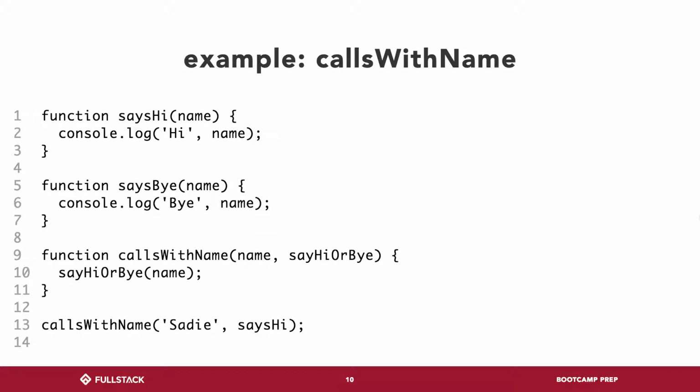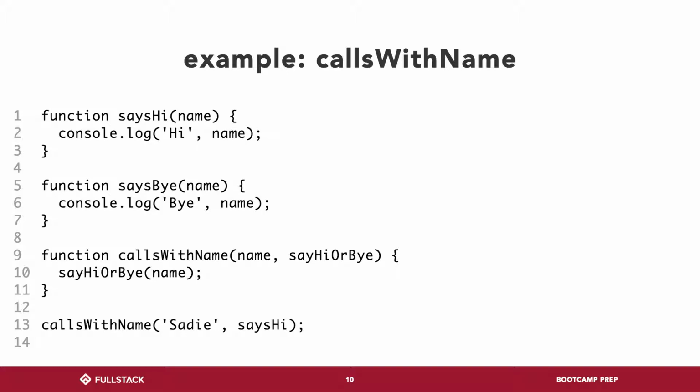So the cool thing about passing functions into other functions is that we can add a lot of versatility in functions. For example, we've got three functions defined on this slide. But the first two are says hi and says bye. What those two things do are they take a parameter called name, and then they console log hi name or bye name, respectively.